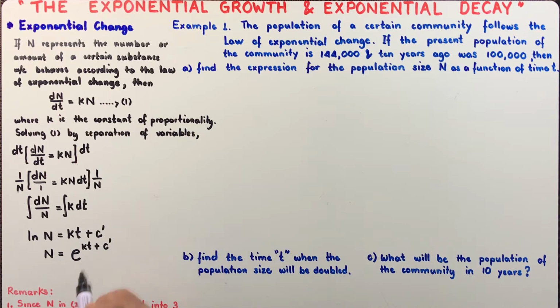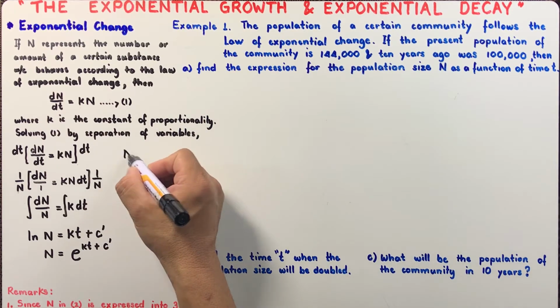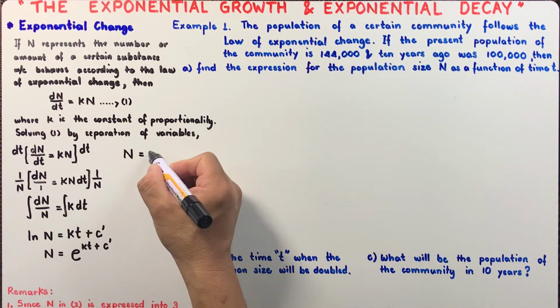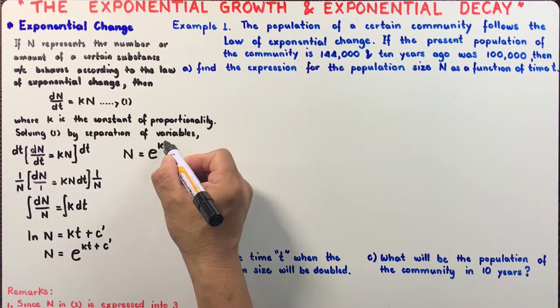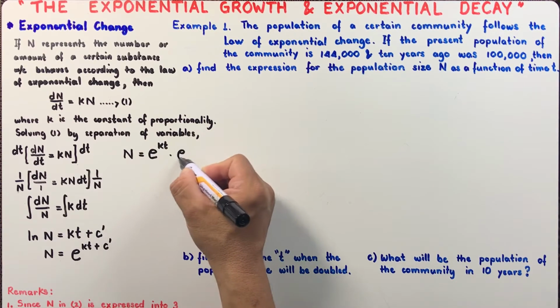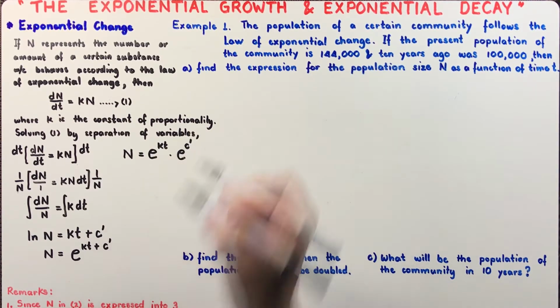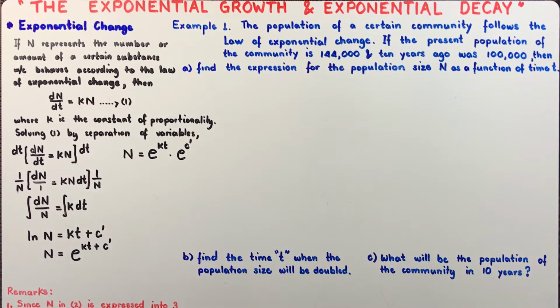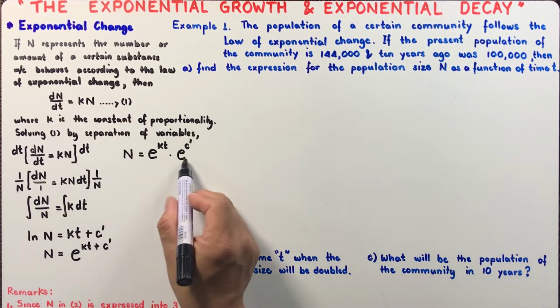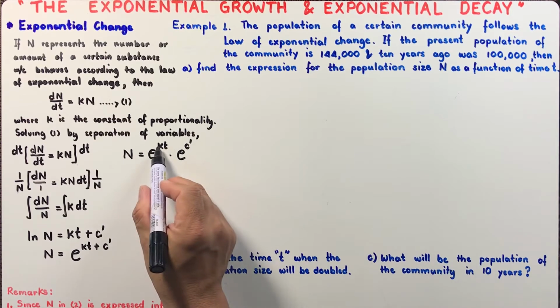Applying the laws of exponents, where the exponent is a sum of two quantities, this can be decomposed to e to the power kt times e to the power c prime. You can check by the laws of exponents that when you multiply these, you just add the exponents.